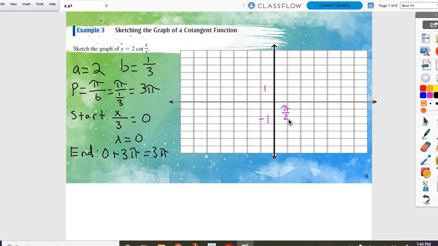So notice that I would start at pi over 2, then I have pi, 3 pi over 2, here we would have 2 pi, then next we would be going another pi over 2, so we would have 5 pi over 2, and then lastly we would have 3 pi. Now remember, like with my tangent, I'm going to start and end at an asymptote.